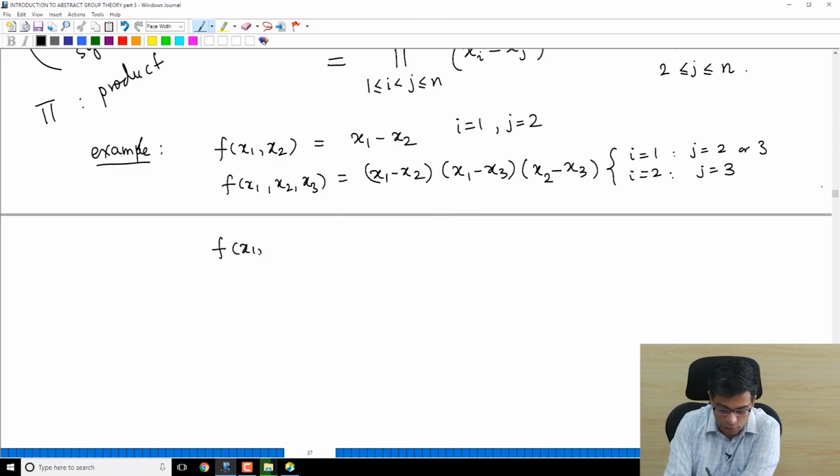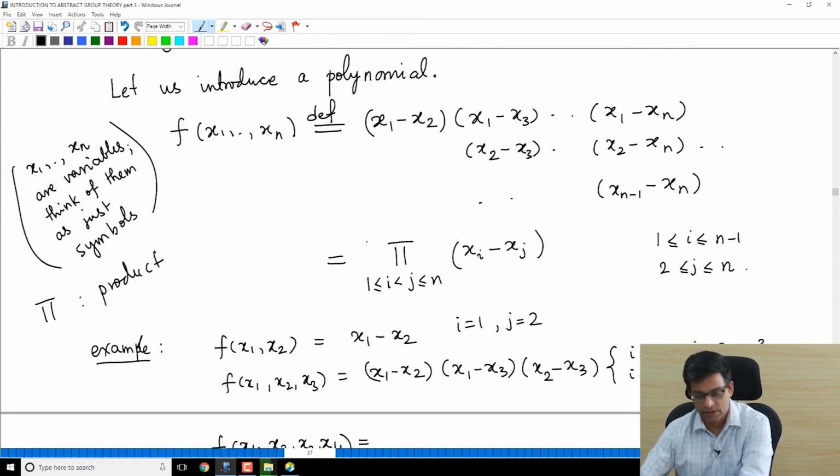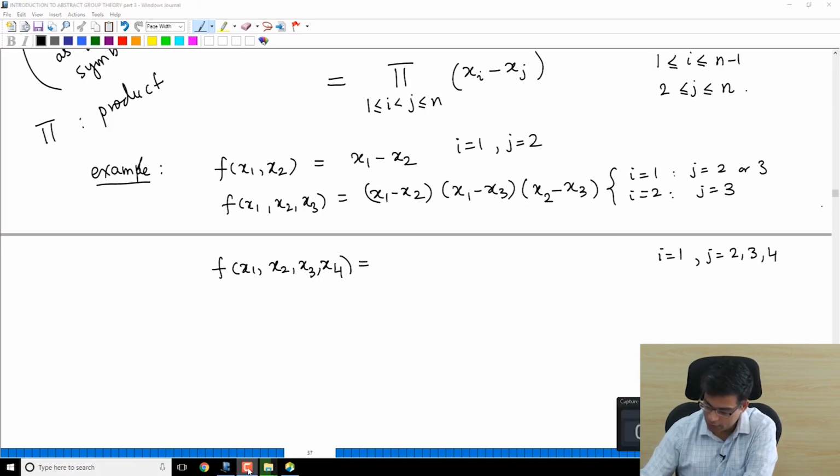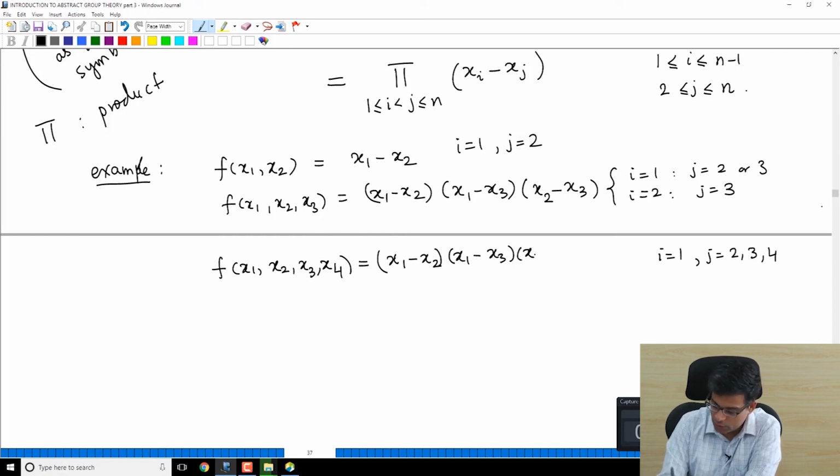Similarly, I will write one more, and hopefully it will become clear to you what the polynomial is. Think of it as an expression involving variables x1, x2, up to xn. For i equal to 1 you have j equal to 2, 3 or 4. So you have x1 minus x2, x1 minus x3, x1 minus x4.